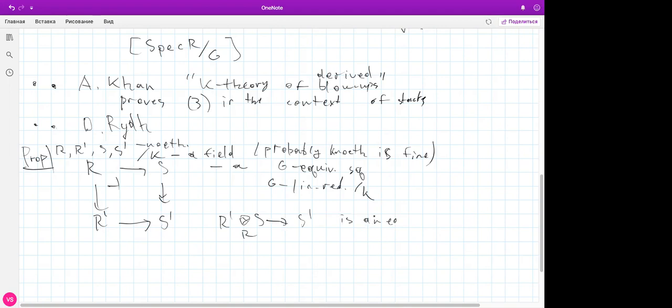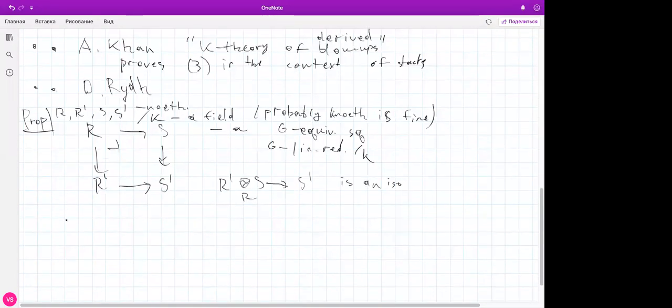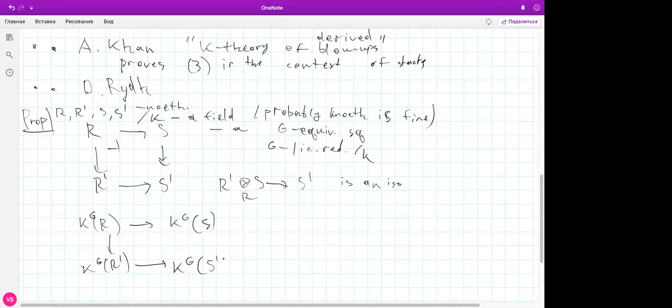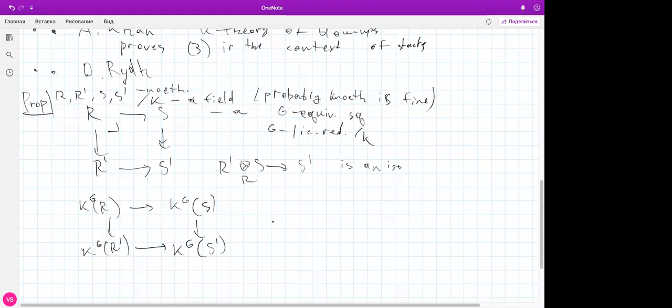Oh, well, yeah, it's a nice one. Then you have the following result. You have excision for this kind of squares, just on the nose.